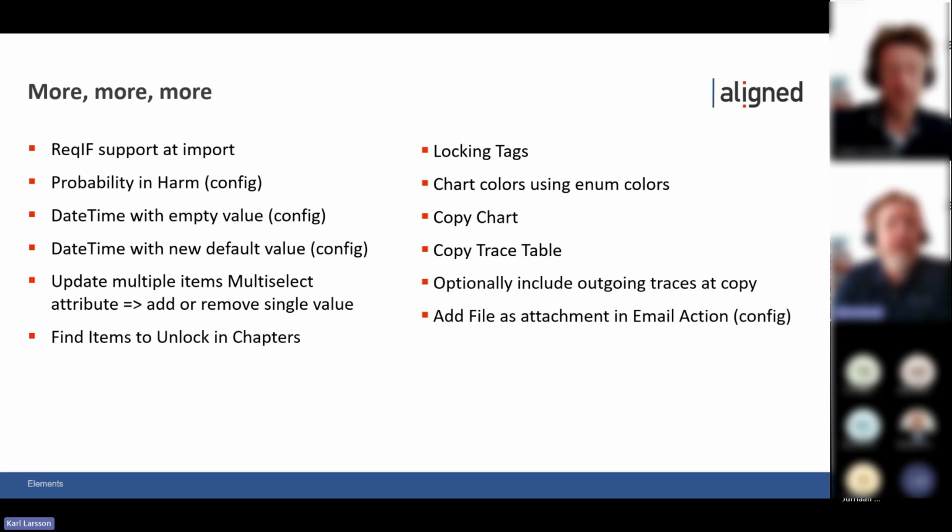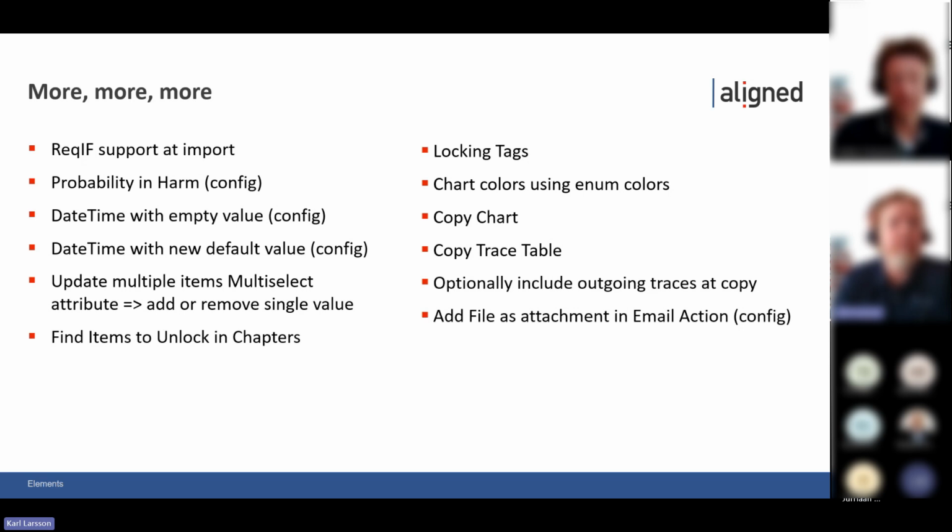When it comes to risk management, the only large feature that we've added in this release is the possibility to put the probability value in the harm. Several clients have asked for the possibility to expand the harm item to become a hazardous situation and harm item that contains not only the severity parameter, but also the probability parameter.